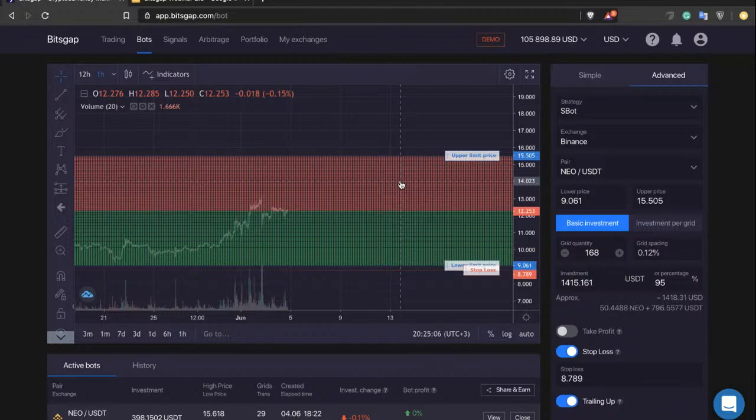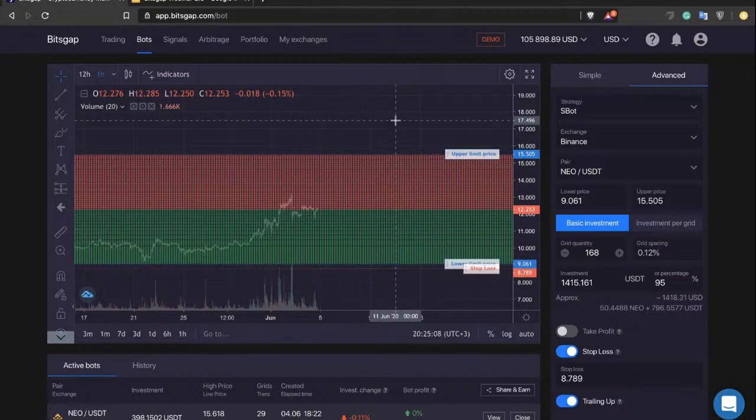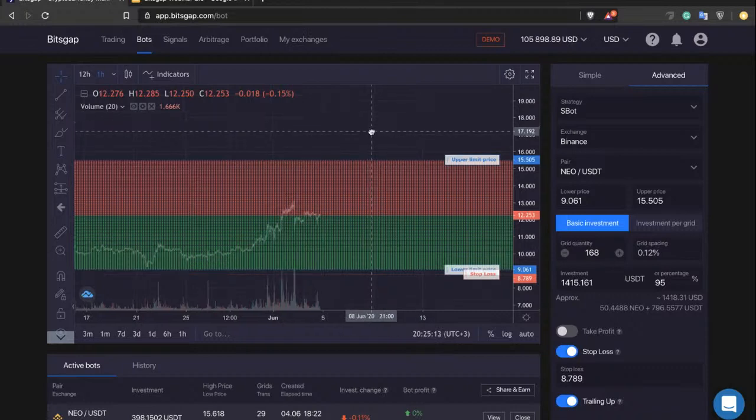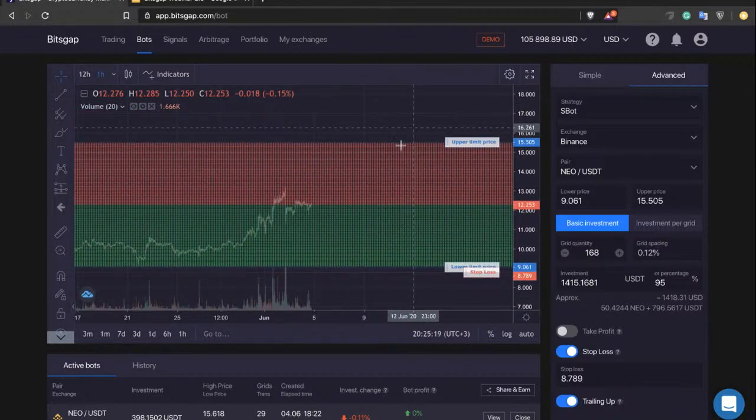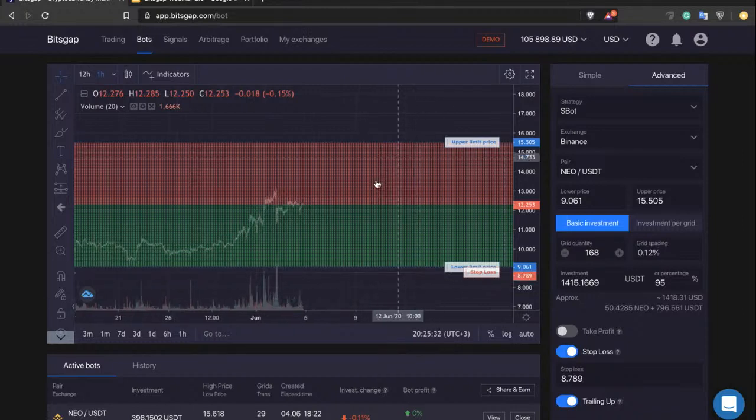The trading range stays where it was at the previous higher high, and the stop loss moves together with the trading range. So your basic principle of risk management, the stop loss, is always with you. It won't let you lose all of your profits. It's going to secure your trading automatically.